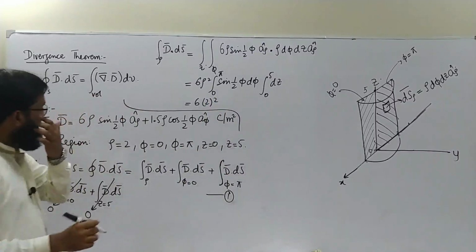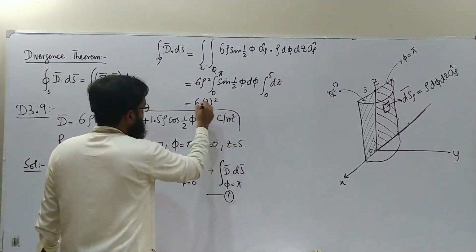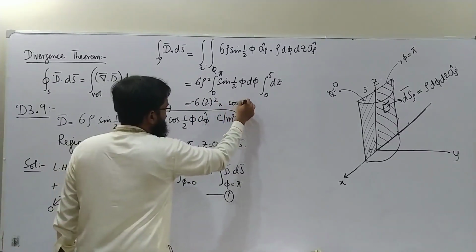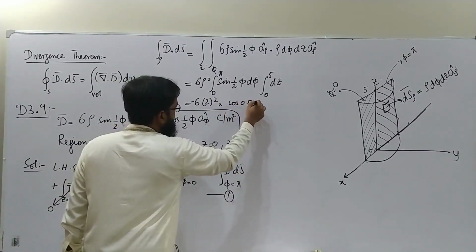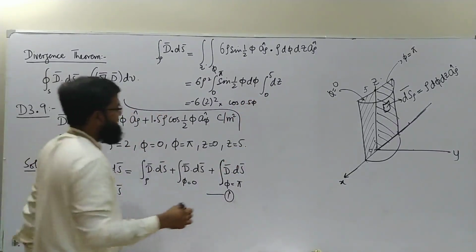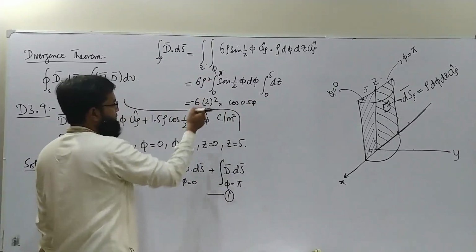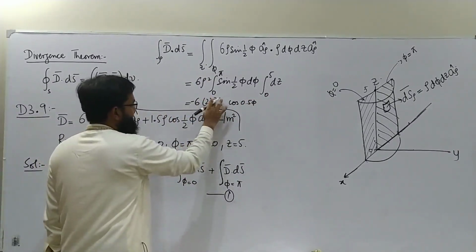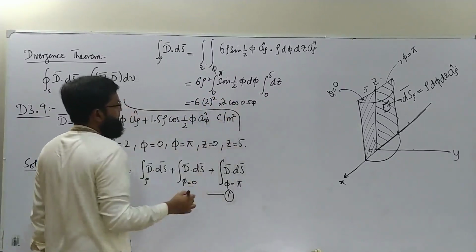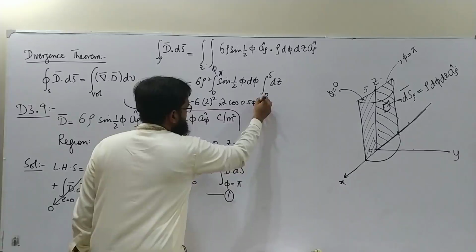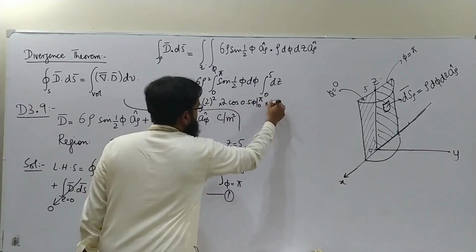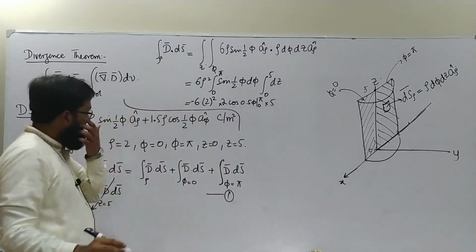Integrate this one: you should have minus cos 0.5 phi divided by 0.5, meaning multiply by 2. So I should write 2 here, with limits from 0 to pi, and the z integral gives 5 minus 0, so I'm just writing 5 here.